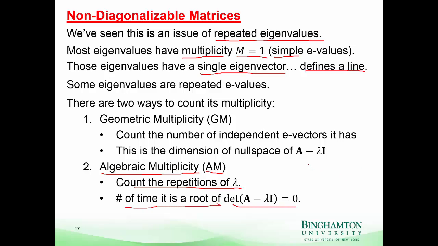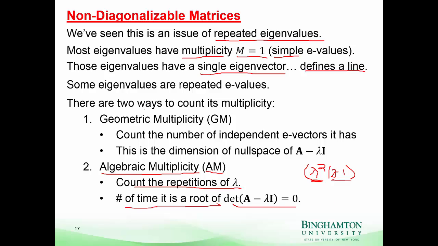So if we had something like lambda squared times lambda minus 1, now we have 0 repeated twice and 1 repeated once. So the algebraic multiplicity of the eigenvalue 1 would be 1. The algebraic multiplicity of the eigenvalue equal to 0 is 2.